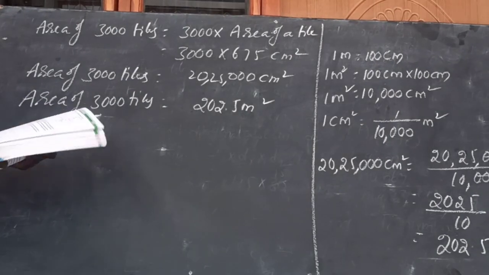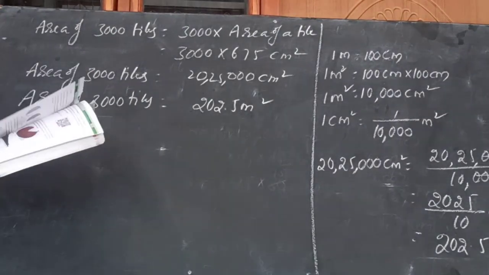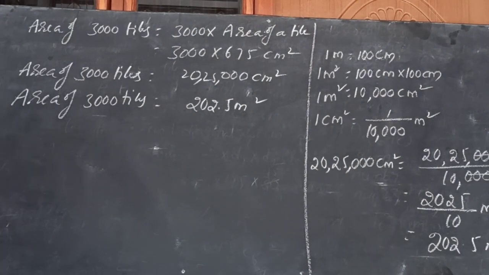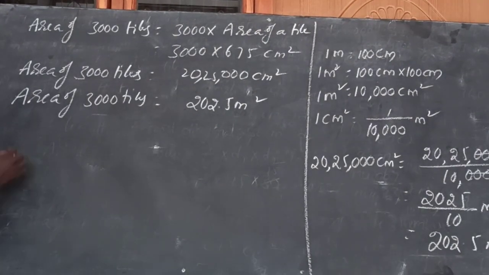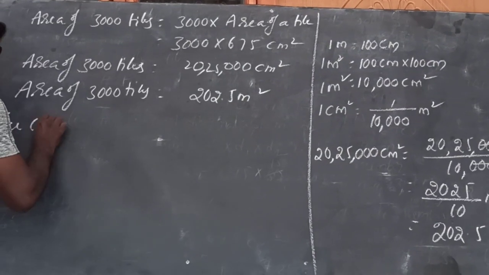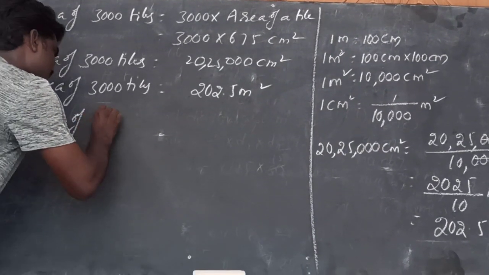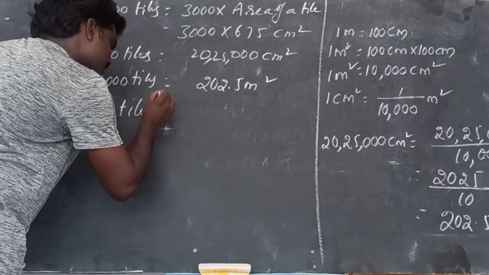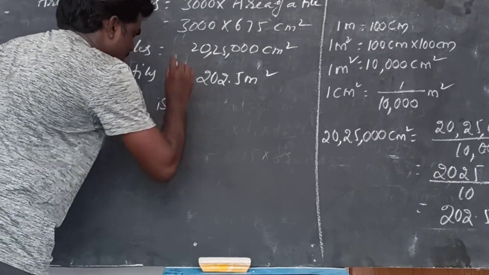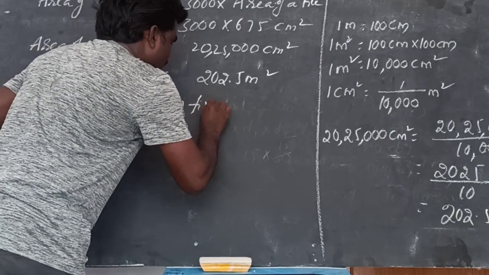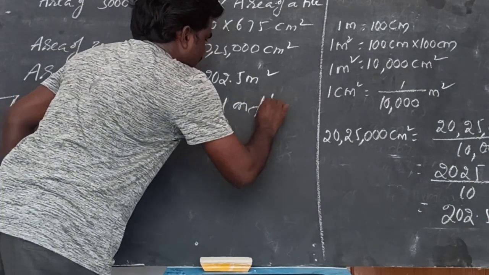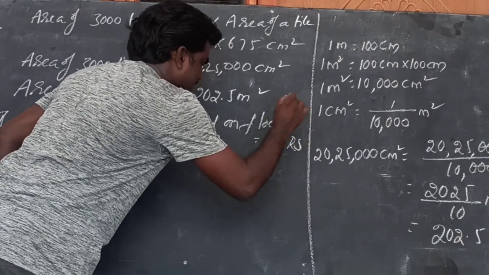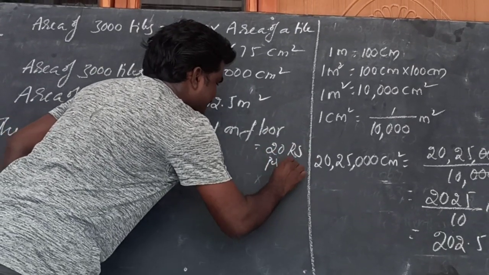Now the question: find the total cost of flooring if each tile costs 20 rupees per meter square. Okay, so the cost of tiles fixed on the floor is how much? 20 rupees per meter square.